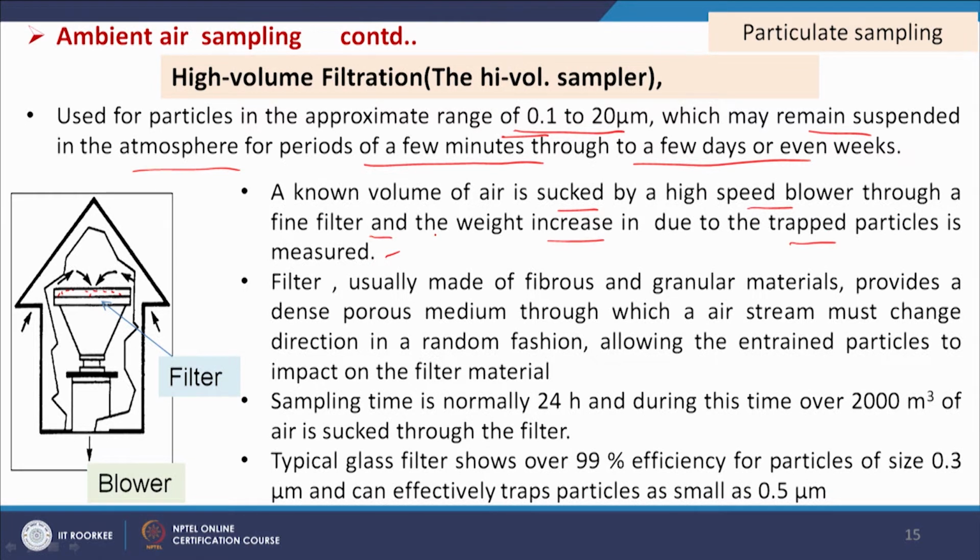The filter, usually made of fibrous and granular materials, provides a dense porous medium through which the airstream must change directions in a random fashion, allowing the entrained particles to impact on the filter material. Sampling time is normally 24 hours, and during this time over 2000 meter cube of air is sucked through the filter.